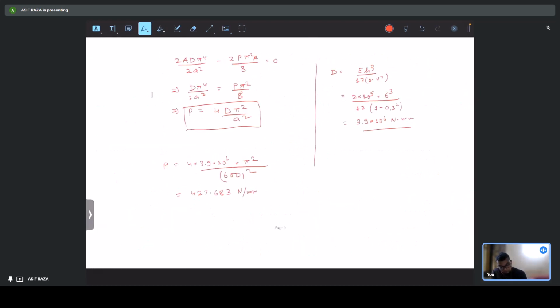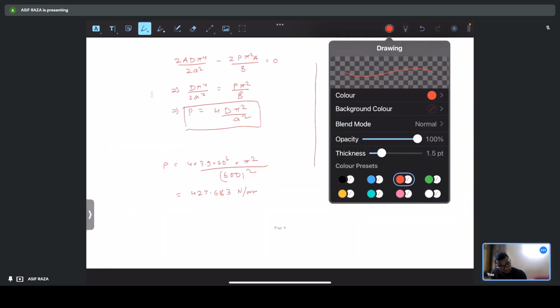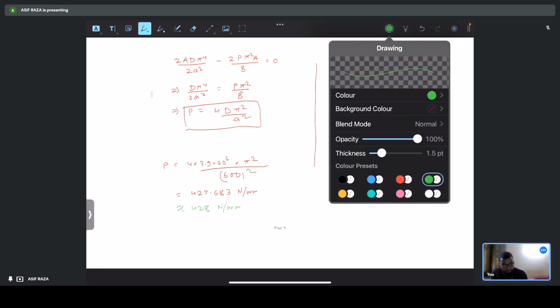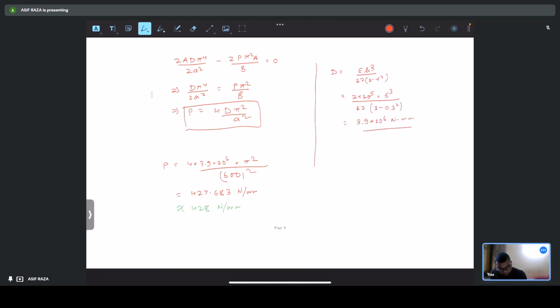So if we round it off, this would be equal to 428 Newton per mm. So correct answer would be P is equal to 428 Newton per mm.